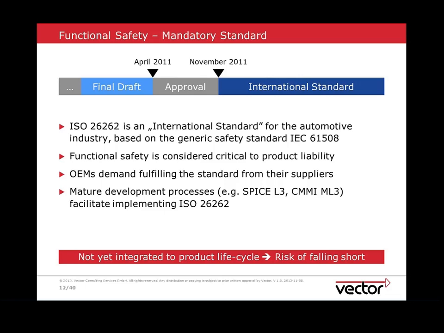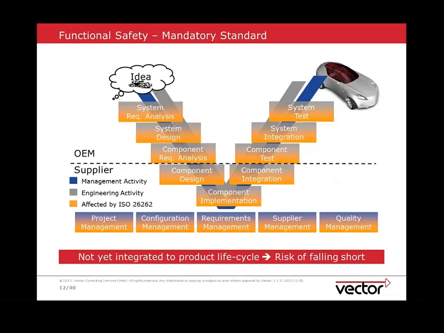That is, there's also an exposure towards an overly complex perception of how the standard should be used. We often hear from customers that would claim, well, this 26262 is expensive or will cost too much. When we look into the process, what we often see is that there's a lot of redundancy, because it's not consistently integrated to the product life cycle.